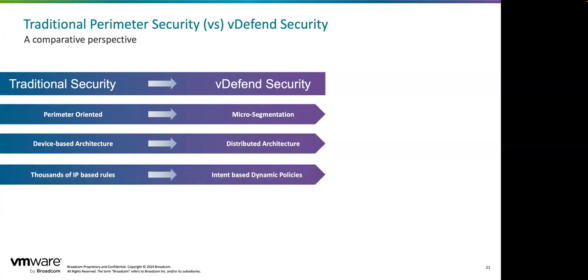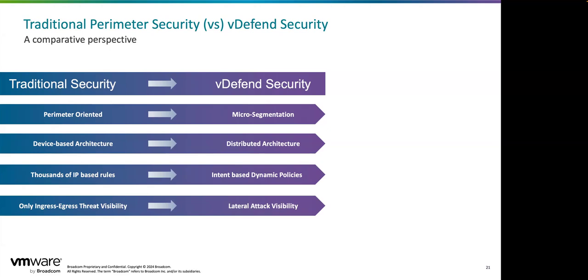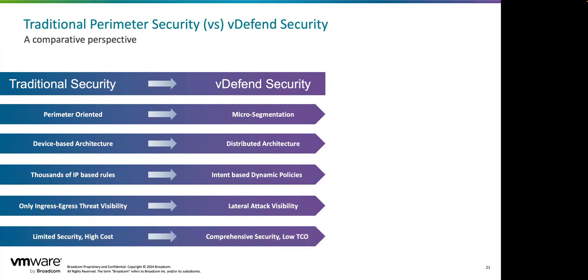Thousands of IP-based rules in the traditional security, where vDefend is using intent-based dynamic policies. Only ingress-egress threat visibility for traditional security versus lateral attack visibility for vDefend. And then finally, traditional security is limited security at a high cost, where vDefend is a comprehensive security with a lower total cost of ownership.